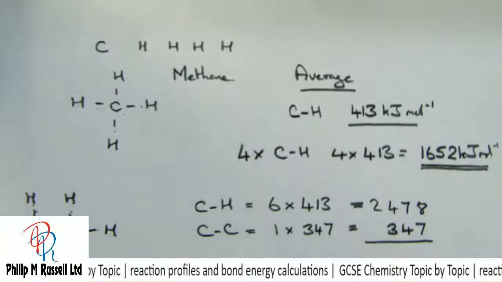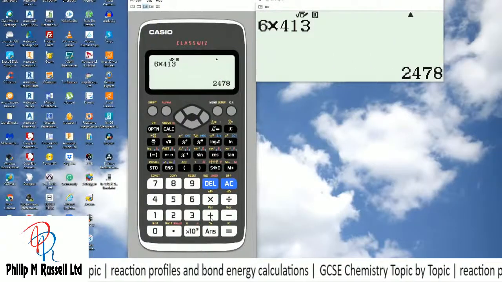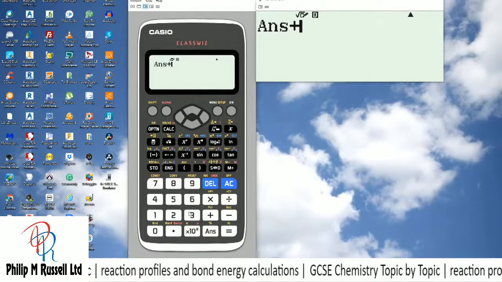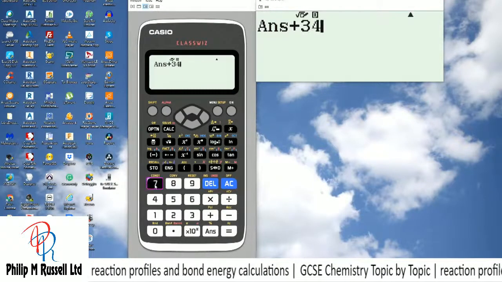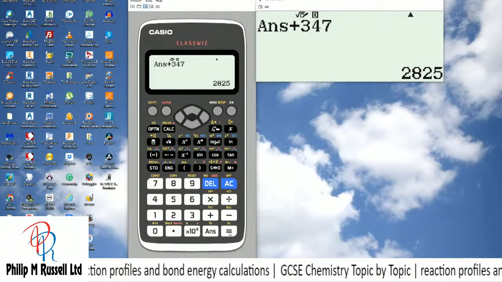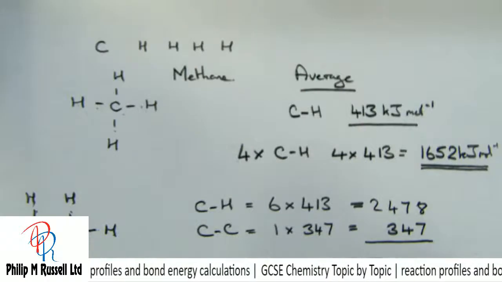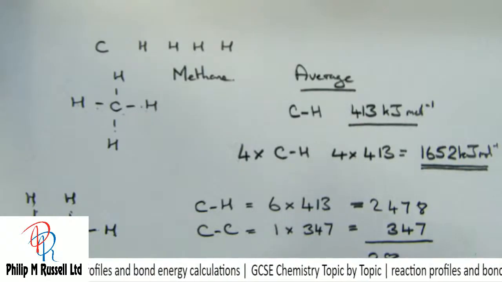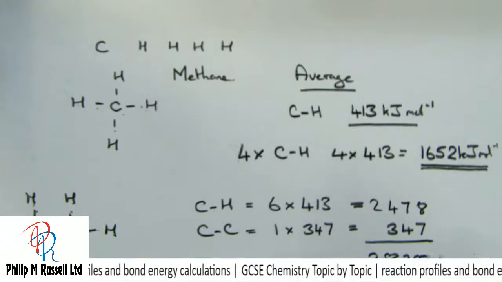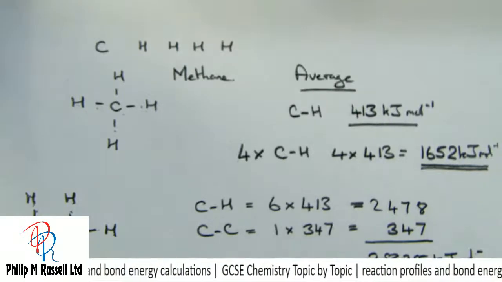So let's add those two together. And that gives me the energy in an ethane molecule to be 2825 kilojoules per mole.